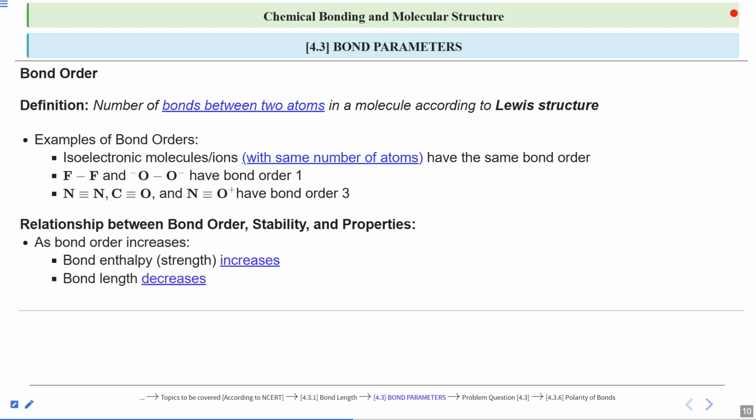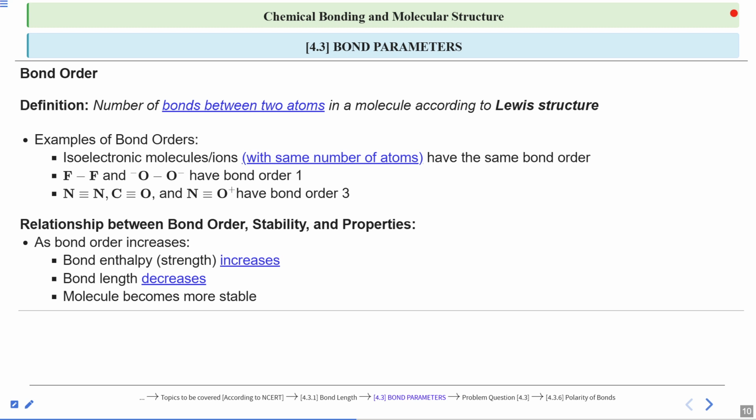Second, the bond length decreases. So bond length is inversely proportional to the bond order. The more the bond order, the more the number of bonds between two atoms, the shorter will be the distance between the two. And the third is, the greater the bond order, the more stable is the molecule. So these three are very important points.